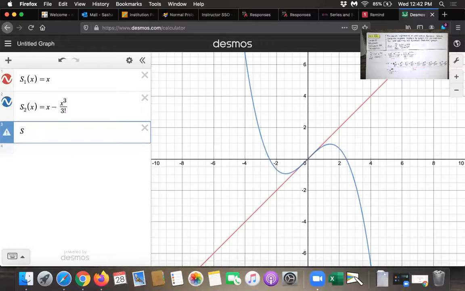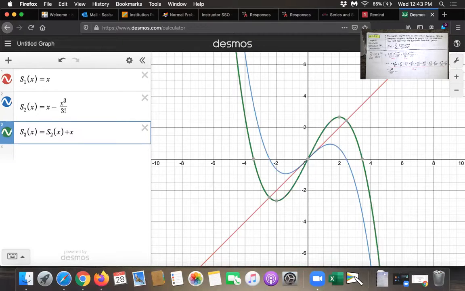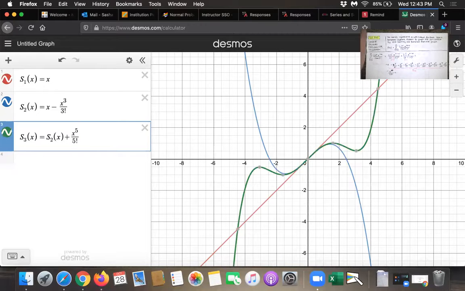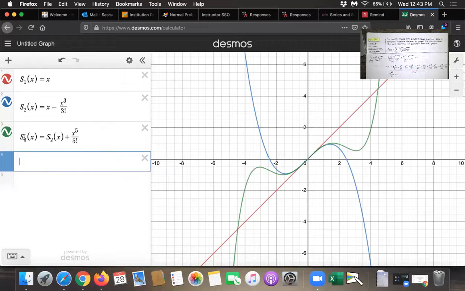And s sub 3 is just like that. Now you could write out those first two terms again, but I'm going to define this in terms of the last one. So I'll say s sub 3 is s sub 2 plus one extra term: x to the 5th over 5 factorial. And then you can keep going.